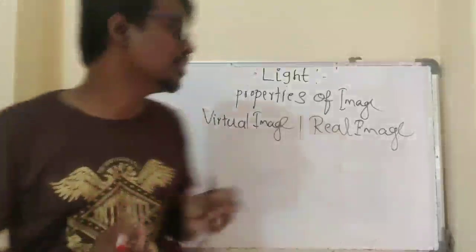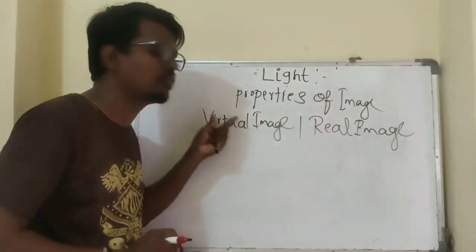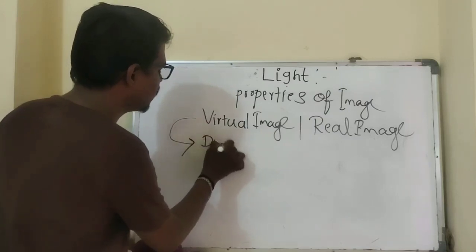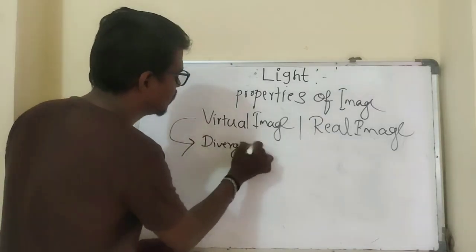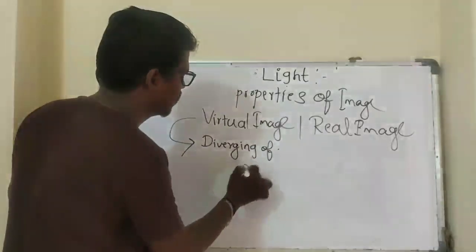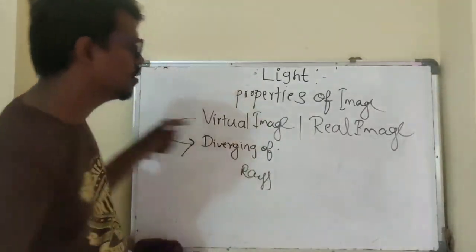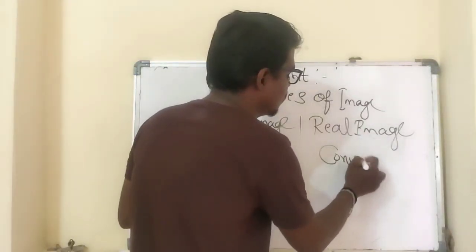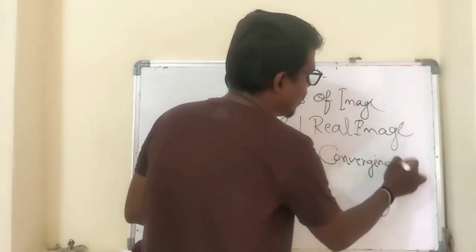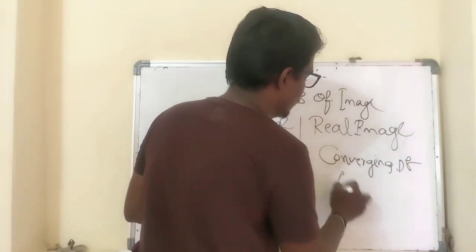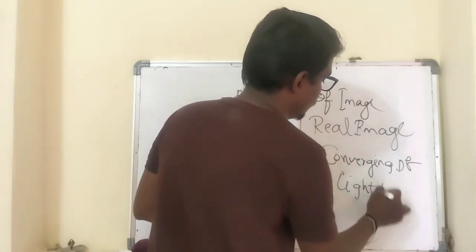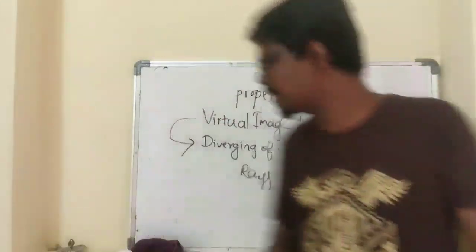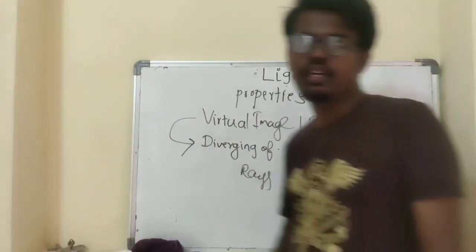Virtual image is formed by diverging of light rays. Next, real images are formed by converging of light rays. These are very important terms.